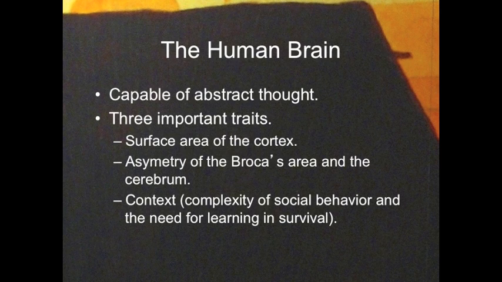First, the surface area of the cortex, this outer covering of the brain, is rather large, and it has very complex convolutions, and the overall shape of that cortex and various features within that cortical surface are very unique when we're looking at the human brain.